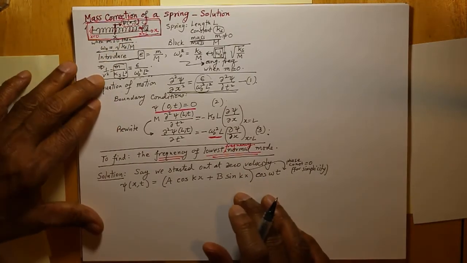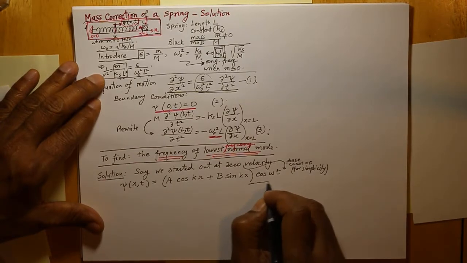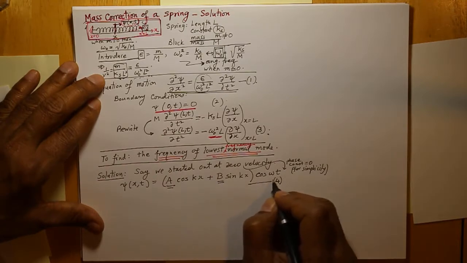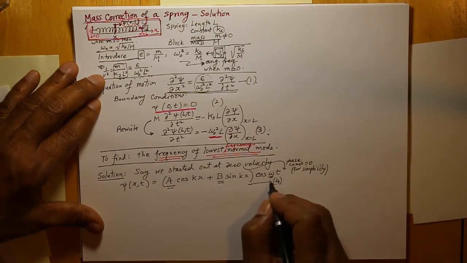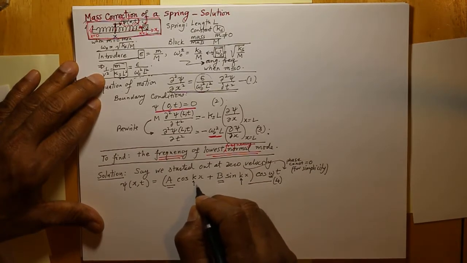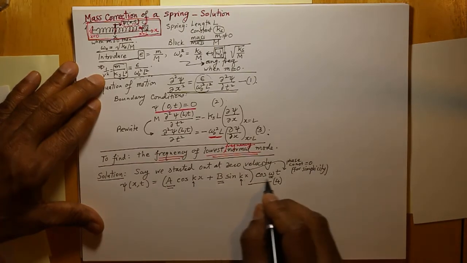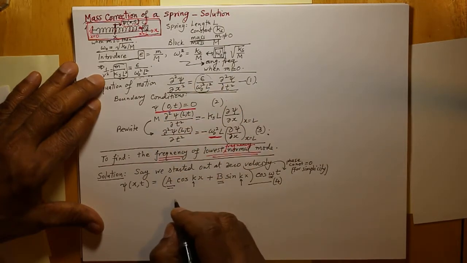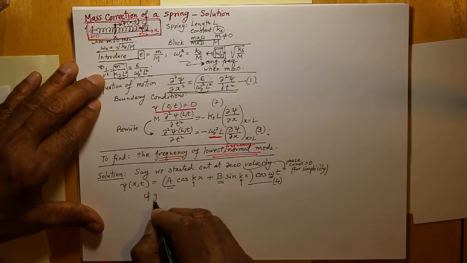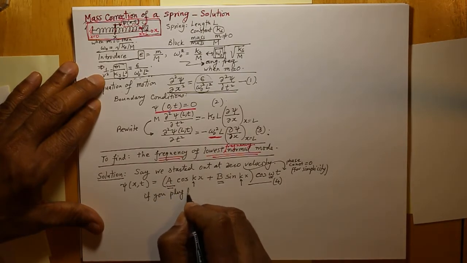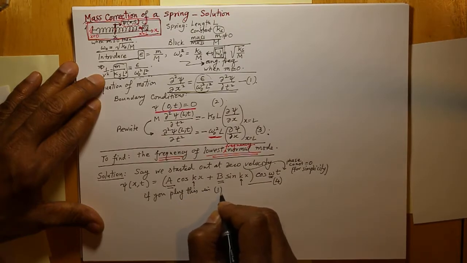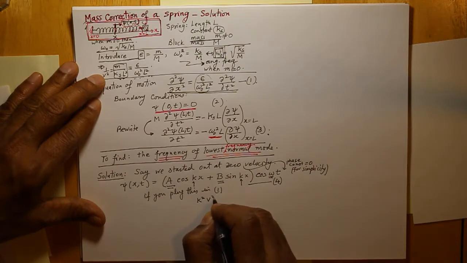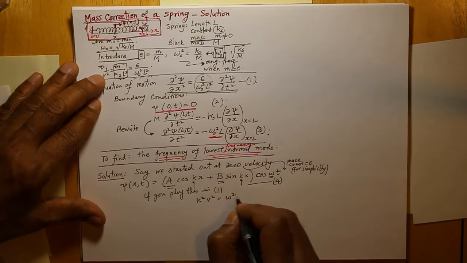It would just be more algebra. Okay, so if this is my answer, we have A, B, and omega unknown. You will say, hey, how about k? k is unknown too. No, actually, if you plug this into equation 1, you'll find that k square times v square equals omega square.